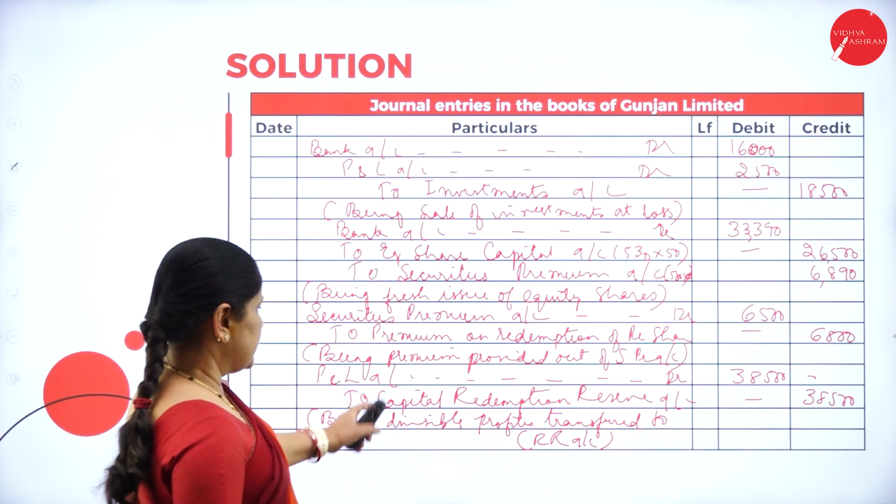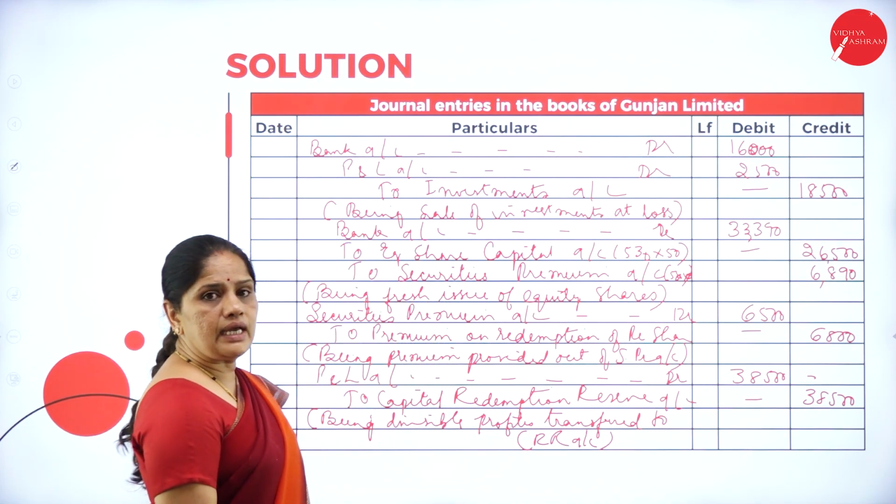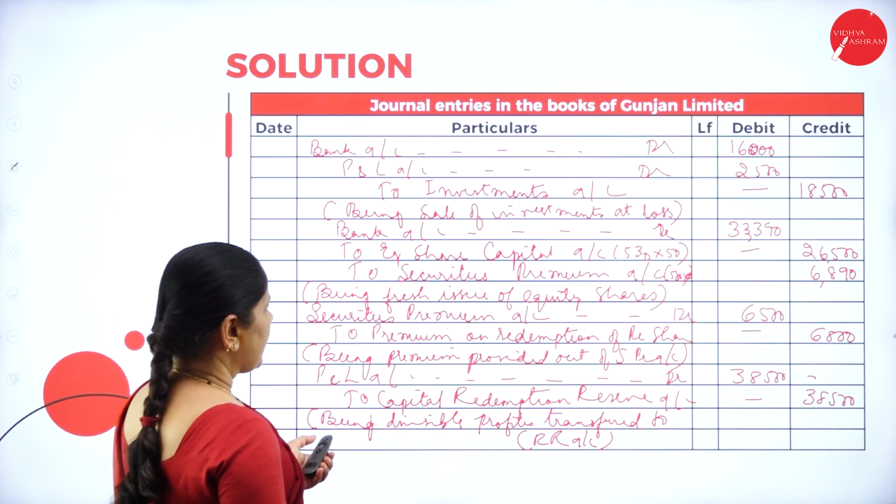So we have transferred the profit and loss account to capital redemption reserve account.